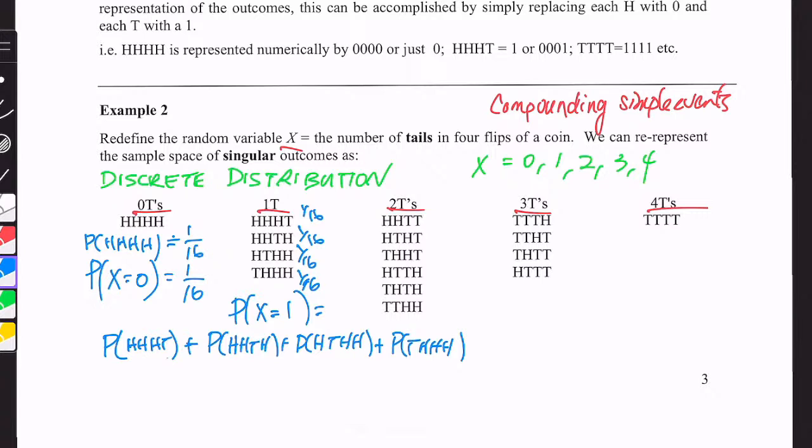It's either this or this or this or this. That's what you're figuring out. You're compounding them, and that's going to be 4/16 or 25%, 1/4. If you like fractions or decimals, it's whatever.